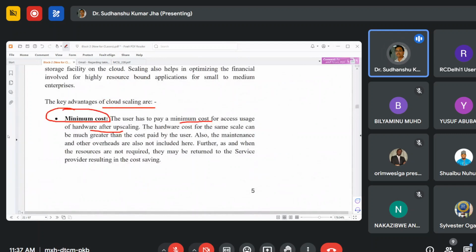You should not need to purchase 100 TB in the beginning. You may start with 1 TB. Later on, after 5 days or 5 months, you observe that you need 2 TB more space.